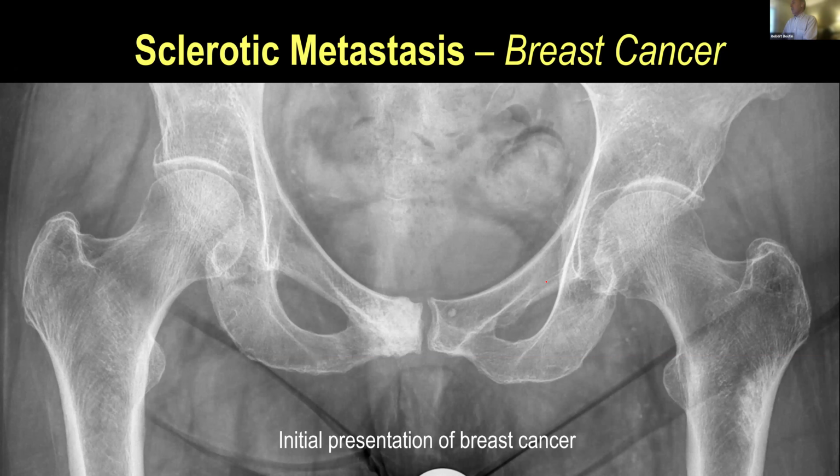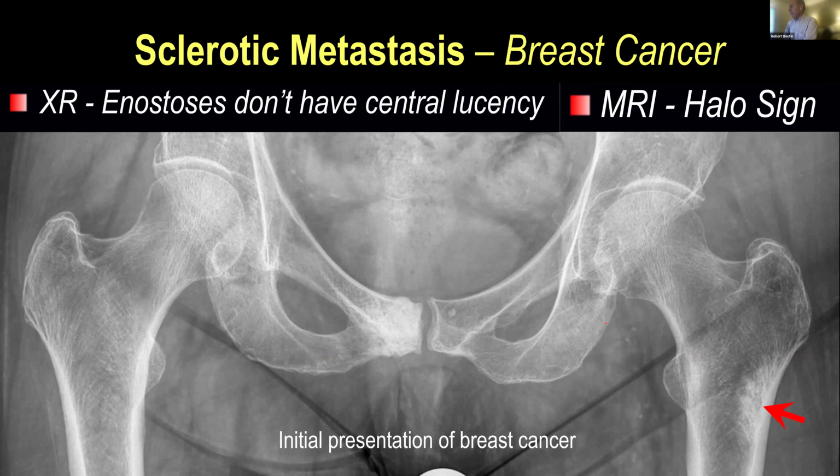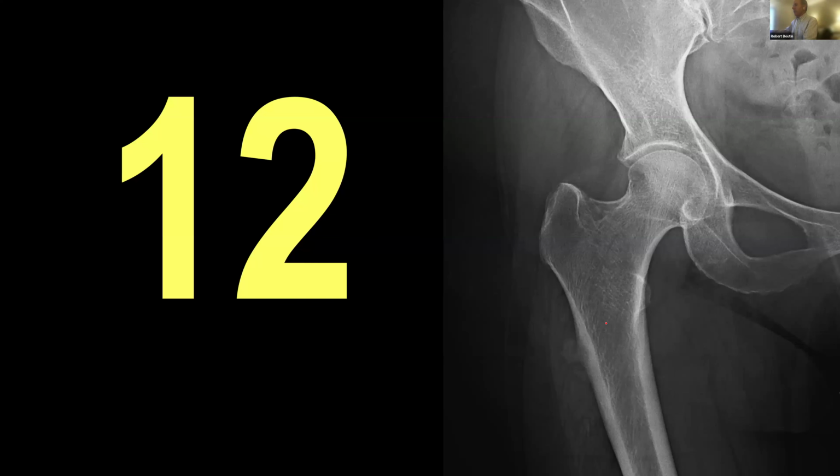So even though they were coming in with this history of trying to do some health maintenance and exercise, it was a breast met or 2 that could be identified on the radiographs. And one might suggest that because bone islands don't have a central lucency, and bone islands don't have a halo sign like we saw on the MRI.